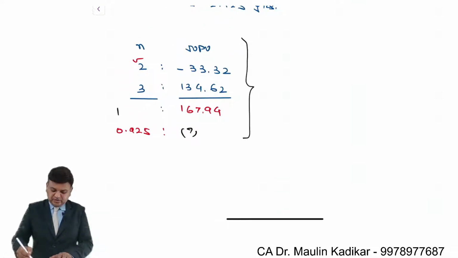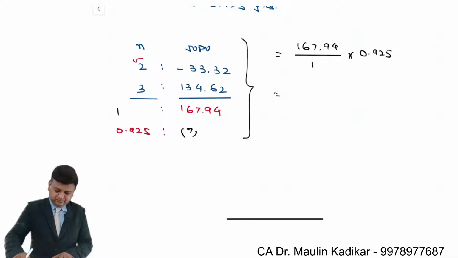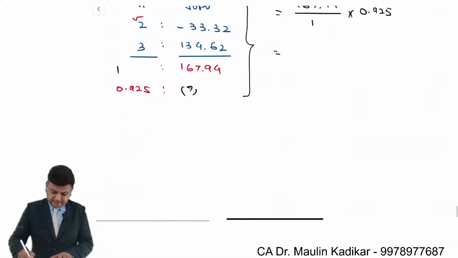So the impact on the NPV can be found like this: 167.94 lakhs into 1, sorry, divided by 1 into 0.925. So the answer for that comes to 155.34 lakhs.